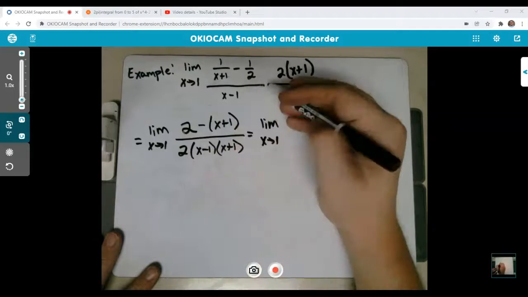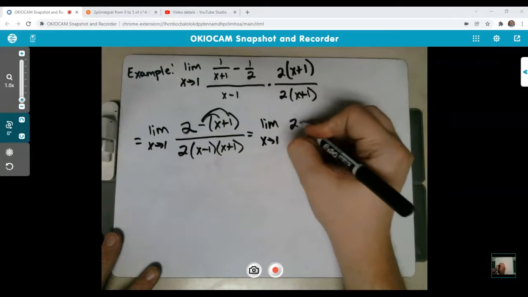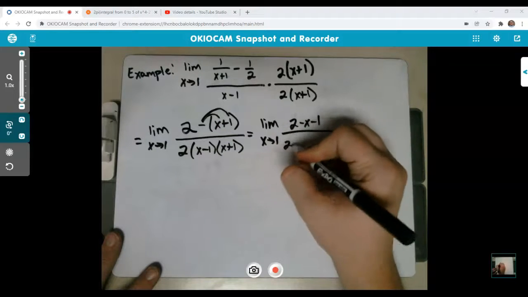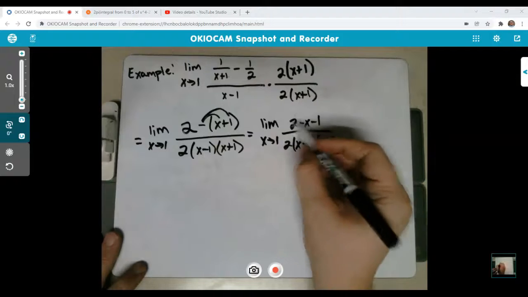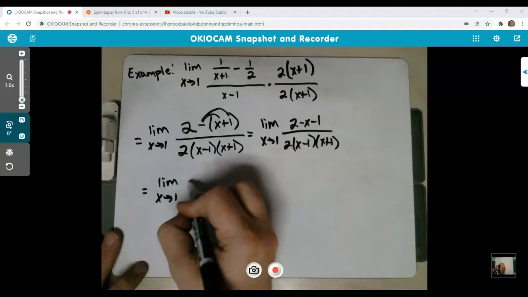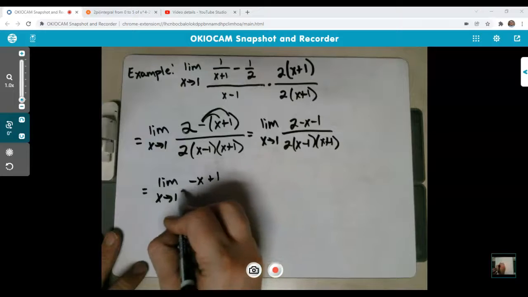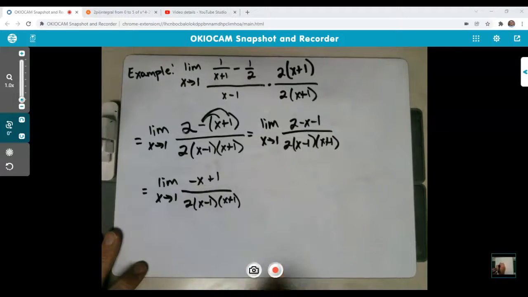So up here I have 2 minus x minus 1 over 2 times x minus 1 x plus 1. 2 minus 1 is 1, and so that's the limit as x approaches 1 of negative x plus 1 over 2 times x minus 1 times x plus 1.